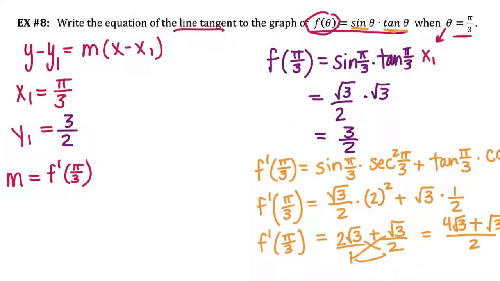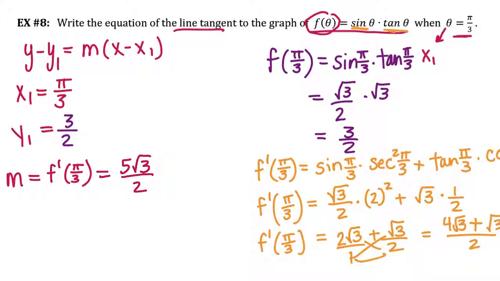All right, so now we need to go back and actually write the equation of this line. So we found our slope to be 5 root 3 over 2. All right, so let's go plug in.